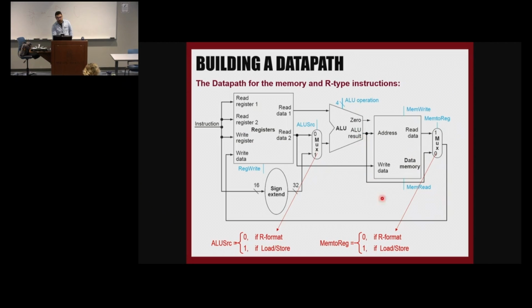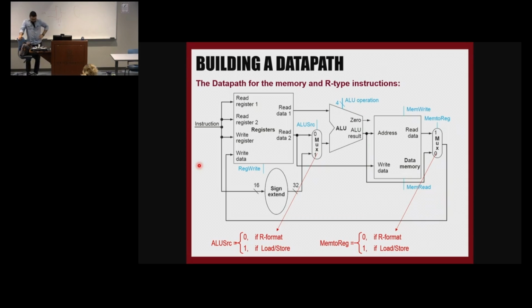So if you follow this path, if the mem to reg signal is 0, the result of the ALU is going to be stored back to the register file. If the mem to reg is 1, the value that we are reading from the memory is going to be stored back to the register file. Okay? We have two multiplexers.